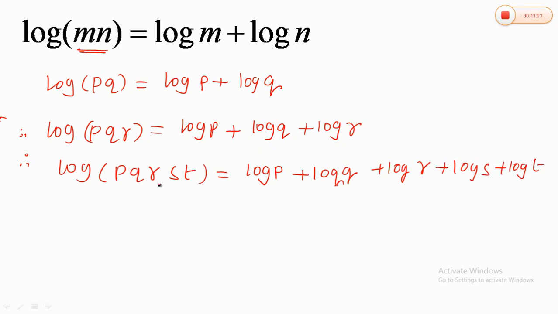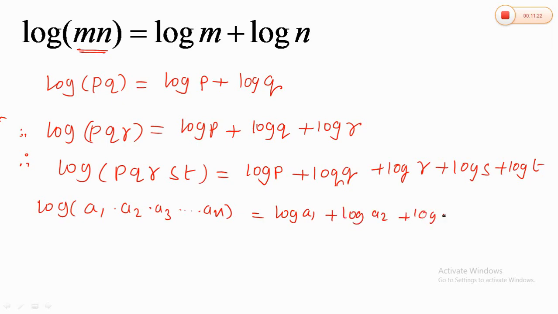You can consider even n terms: log of a1 into a2 into a3 up to an equals log a1 plus log a2 plus log a3 plus up to log an.